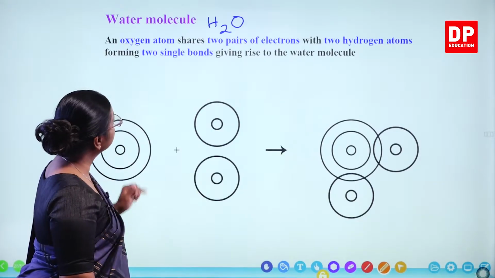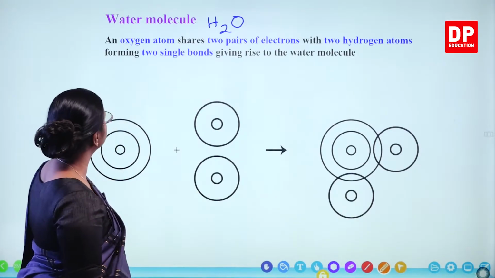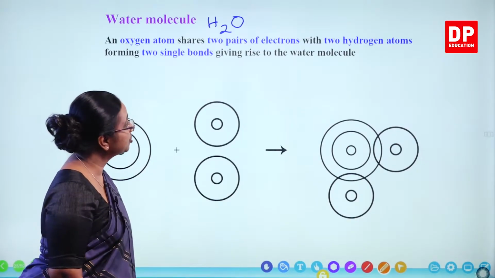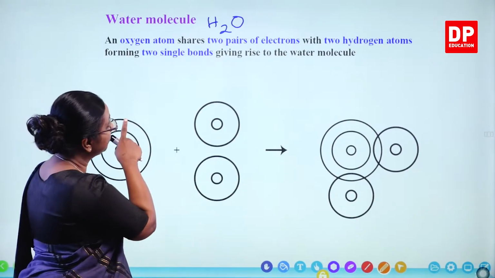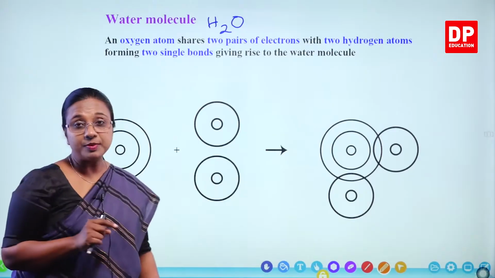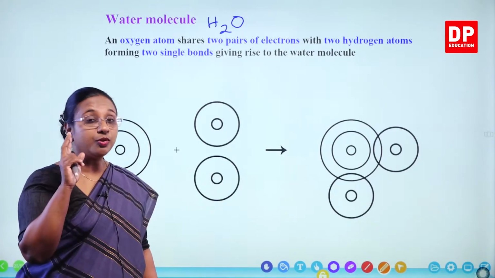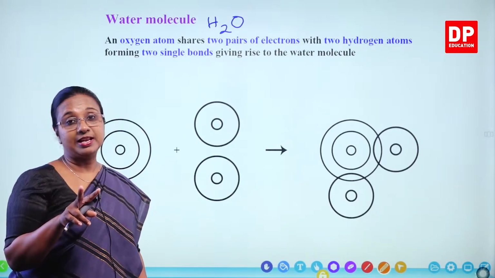An oxygen atom shares 2 pairs of electrons with 2 hydrogen atoms forming 2 single bonds, giving rise to the water molecule. So there are 2 pairs because if you look at the chemical formula, there are 2 OH bonds. So oxygen bonds with 2 hydrogens forming 2 covalent bonds.